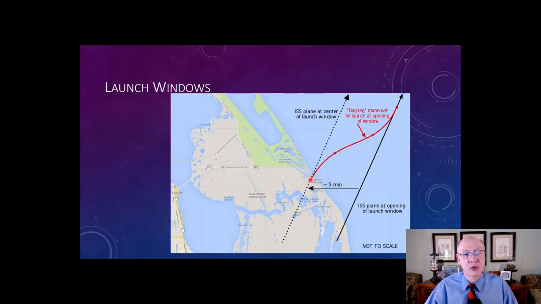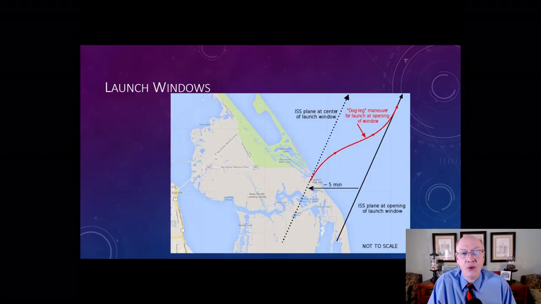So what they would do is they would launch, and they would have to do this dogleg maneuver, which just means that they would fire the thrusters to move the shuttle, to bring it over, on the ascent, while the space shuttle is ascending, to bring it into the same plane as the International Space Station. So that's a little bit about launch windows and launch opportunities and the inclination of your orbit and how that depends on your latitude on Earth.